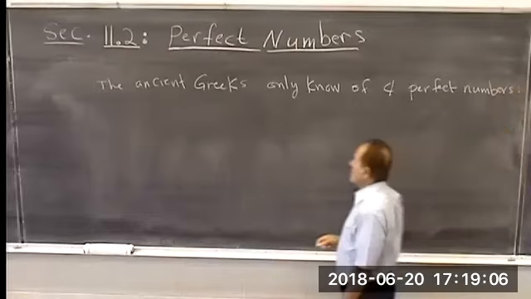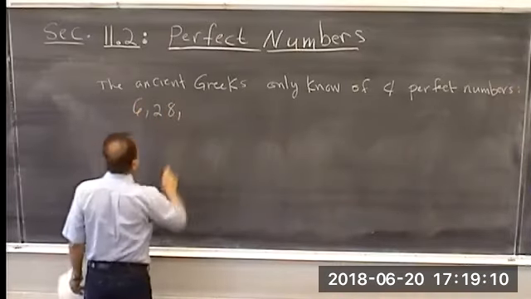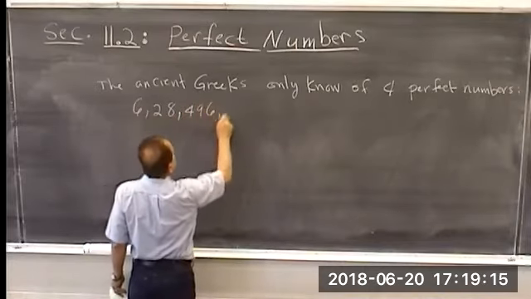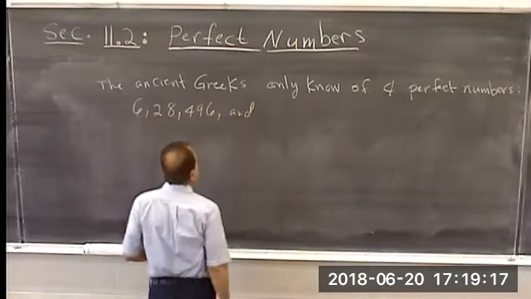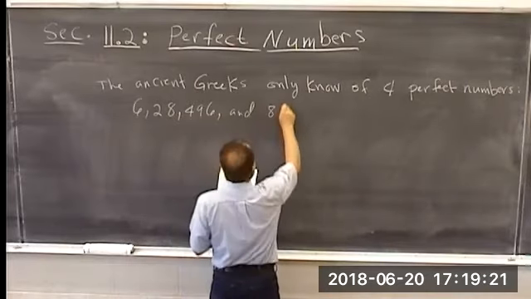And these are 6, 28, and the next number is 496, and the 4th number is 8,128.